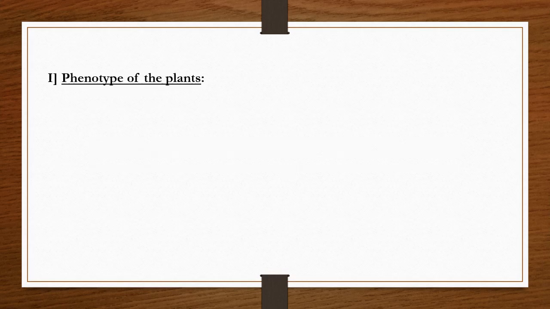The phenotypes of these plants, the external features of the plants, we can observe in the following manner. The first one, the yellow round seeded plants, we already counted in the previous tabular form in the Punnett square.